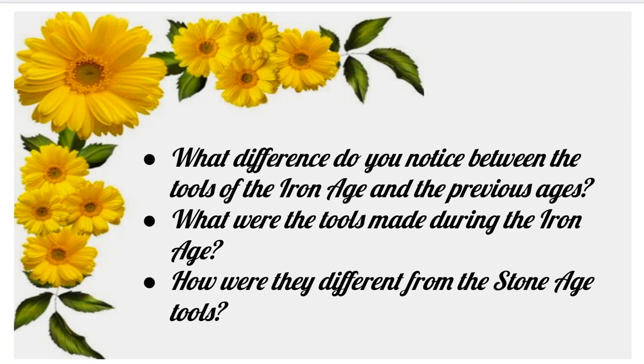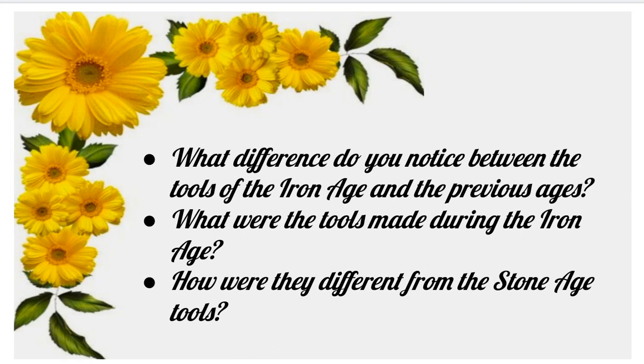Okay, guys. Now we will talk about the Iron Age, and it is very close to our present age. So, first, I want to ask you, what difference do you notice between the tools of the Iron Age and the previous ages? The Iron Age tools are made of iron, and Stone Age tools are made of stone.